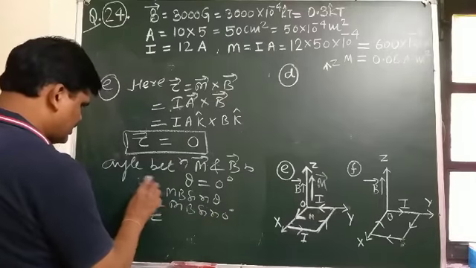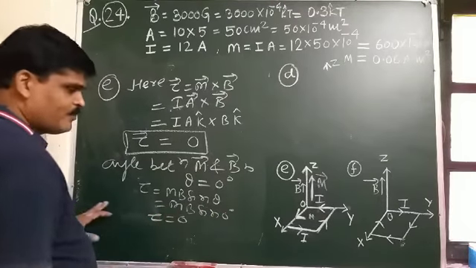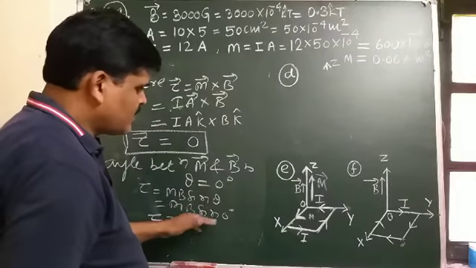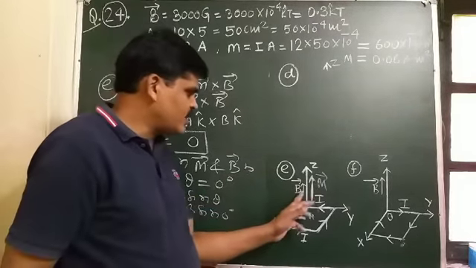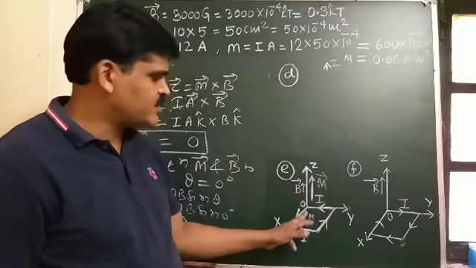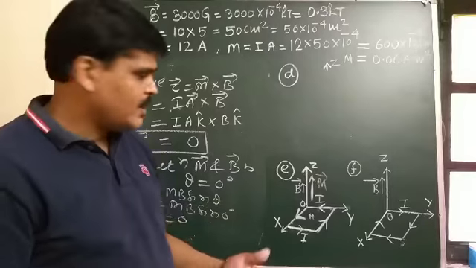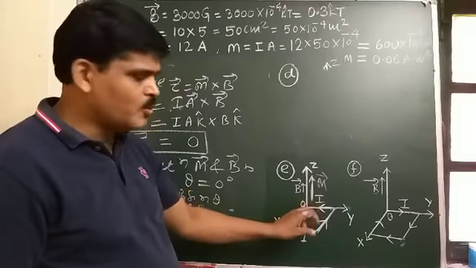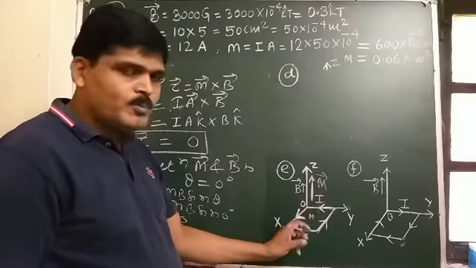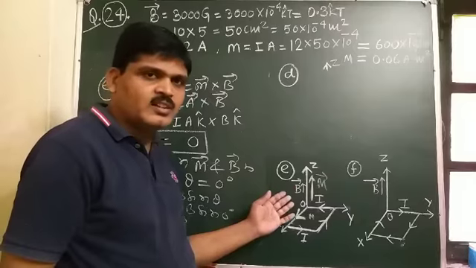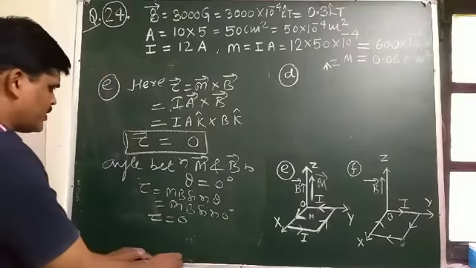So tau is 0. In this case, if we displace the loop slightly, the loop restores its original position. So this is the condition of stable equilibrium.